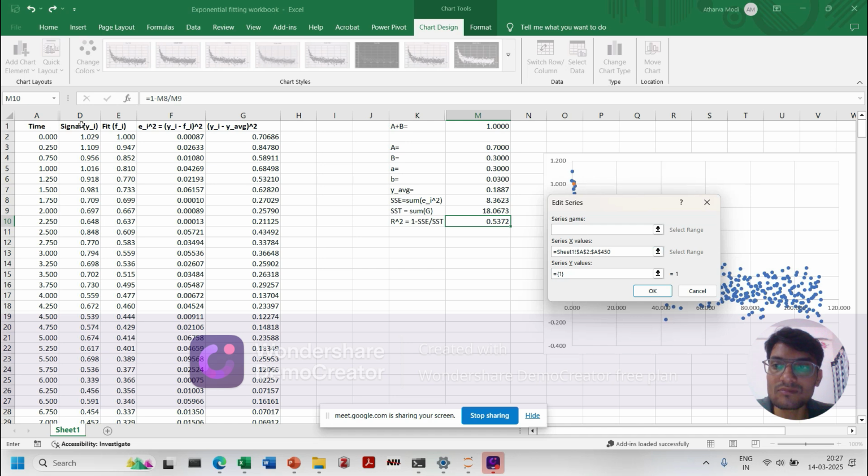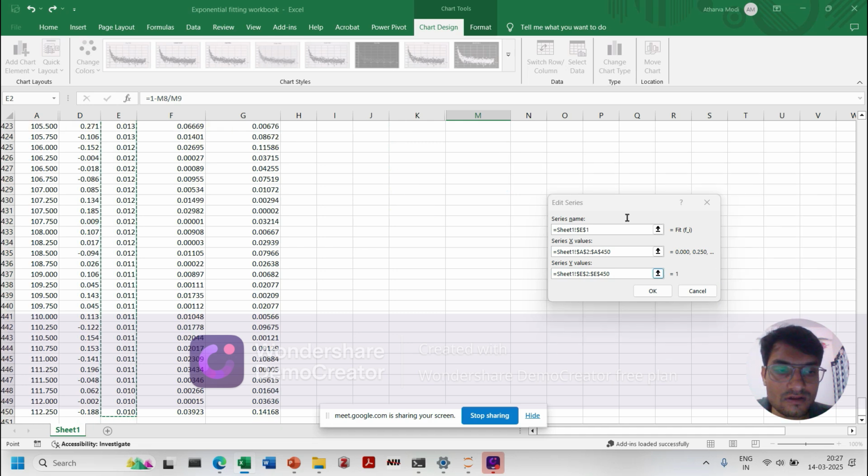I'm adding time on the x-axis, the name is fit, and on the y values I am adding my fitted values, which are in column E. I am trying to plot my fitted values on the same plot.